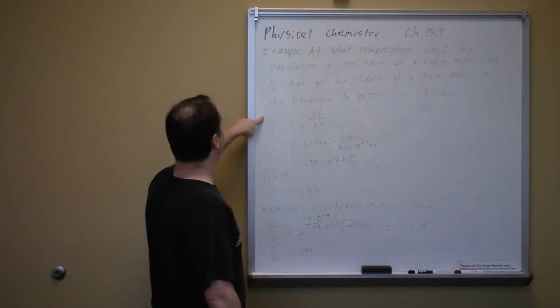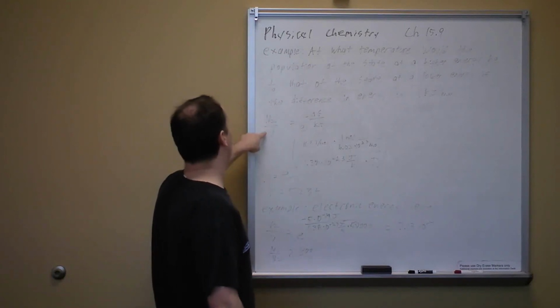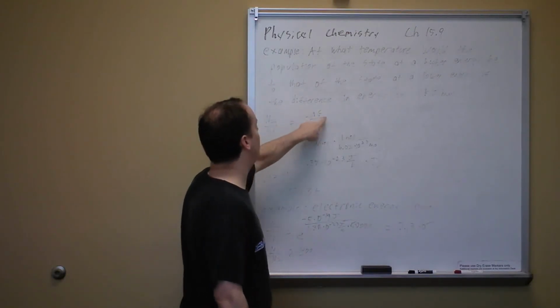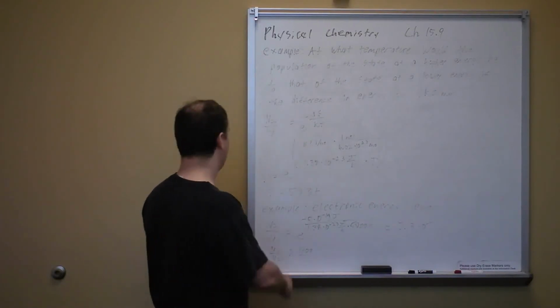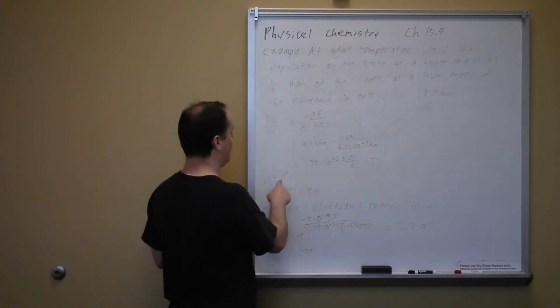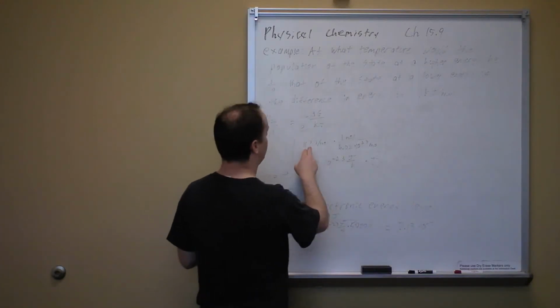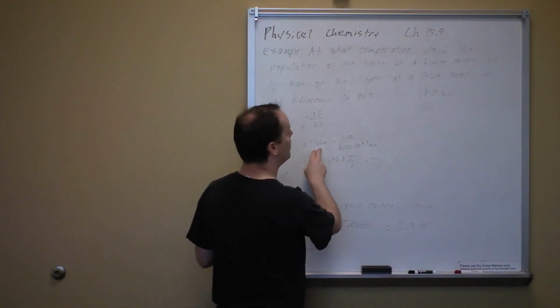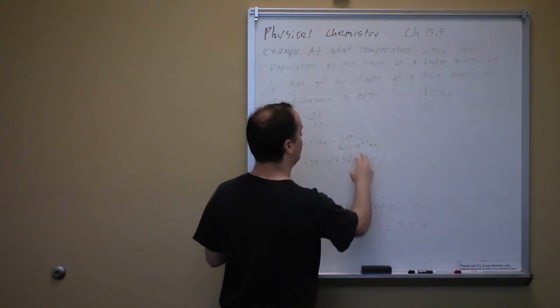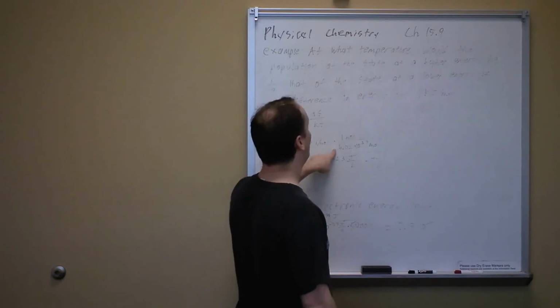The number of molecules at state 2 divided by the number at state 1 is equal to e to the minus change in energy divided by kT. So we're just going to put in 0.1 for this ratio, equal to e to the minus 10 to the third joules per mole times 1 mole over 6.02 times 10 to the 23rd.